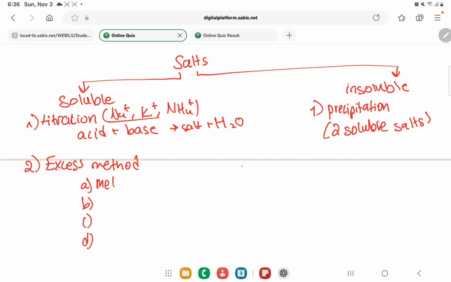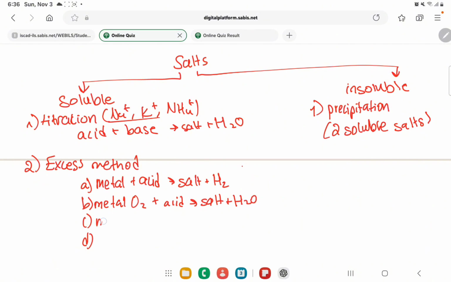So metal and acid, which release a salt and H2, or H plus and hydrogen. Metal oxide and acid, which release salt and water. And then metal hydroxide and acid, which release salt and water.